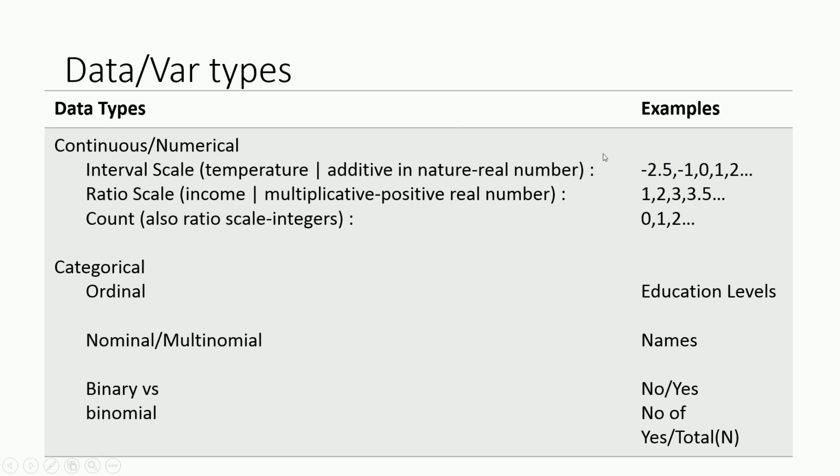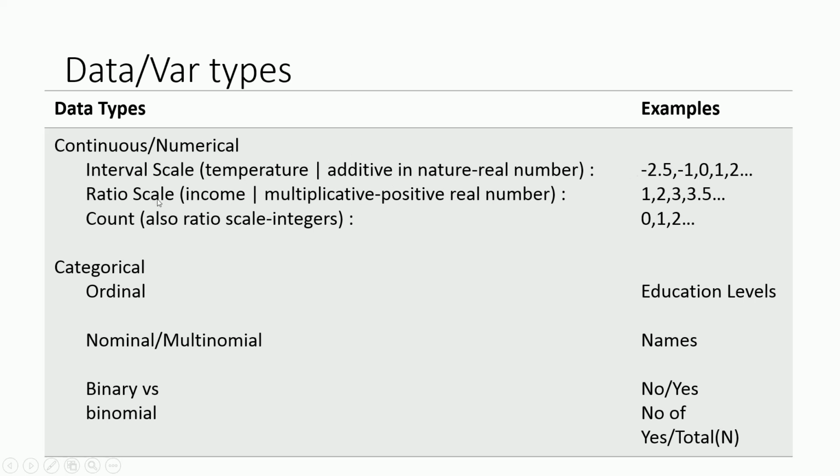That means that if an object has a temperature of 35 degrees centigrade, and the other object has a temperature of 70 degrees centigrade, you cannot say that object B, which has 70, has a temperature which is twice the first one. So all that kind of data in which what matters is the difference between the first and the second value is called the interval scale.